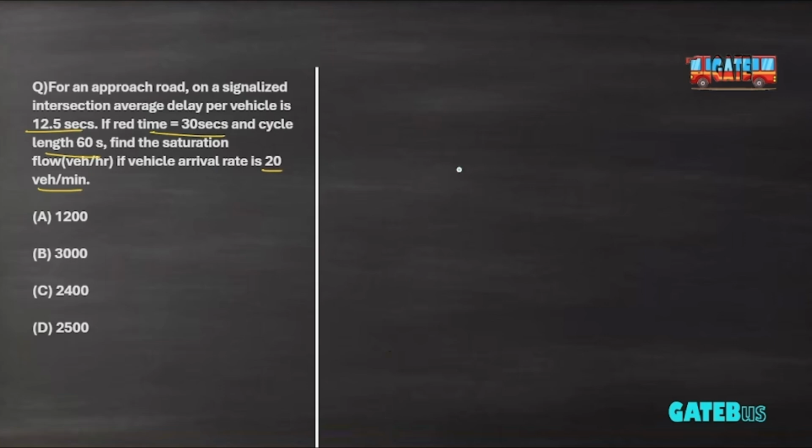Now, to solve this question, we know that average delay per vehicle is equal to C by 2 times (1 minus G by C) whole square, divided by (1 minus Q by S).